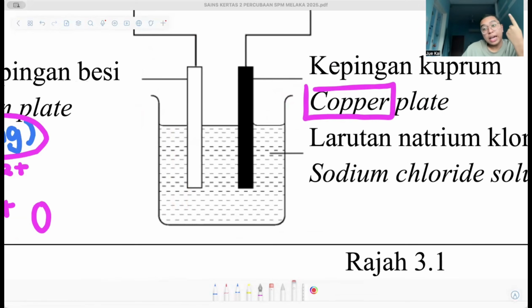I change the plate. Am I right, guys? I want to see whether if I change the iron to copper, does it provide a reading? So what I do, I change it, right, my dear? Am I correct? I will change the plate, right? Am I correct? Yes or no?